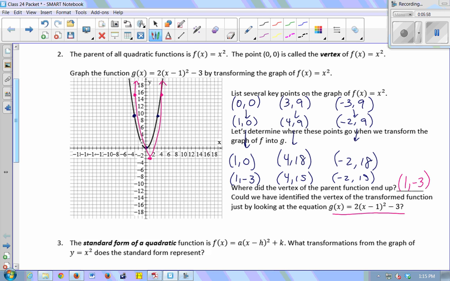No, because if you plug in 0 for x, you're going to get the y-intercept. Then there'd be nothing left to solve for. Right, but that's not true, right?